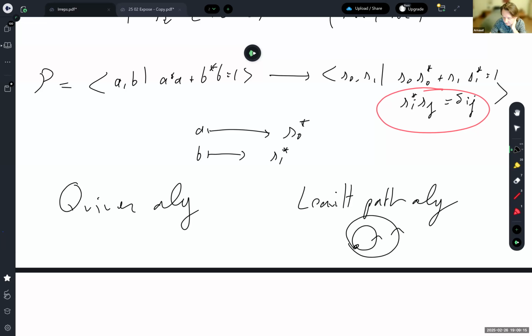Usually they are written like that. And on the left, you just get E1, E2 with no relation. So this looks like the path algebra. Exactly. The quiver algebra is really like the path groupoid or path algebra, however you want to take it. You can compose the edges with each other.